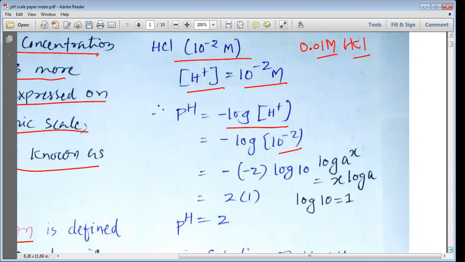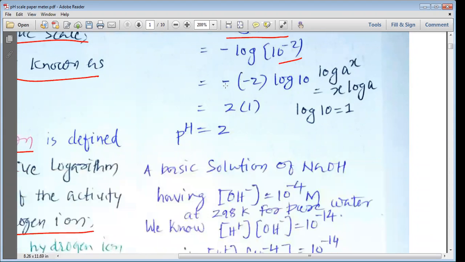So now we can write that minus, into this, if we have log of A raised to X, then we can write X into log of A. So if we have log of 10 to the power minus 2, then we can write minus 2 log of 10. So this minus stays, and the minus 2 has come into the multiplication, and then we have log 10.